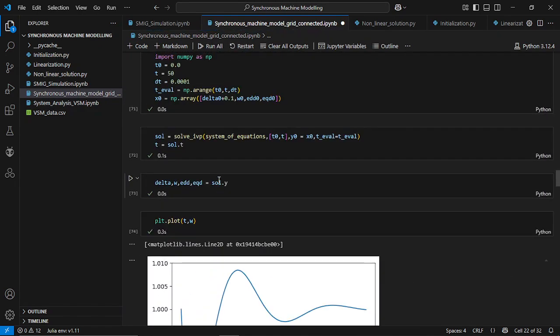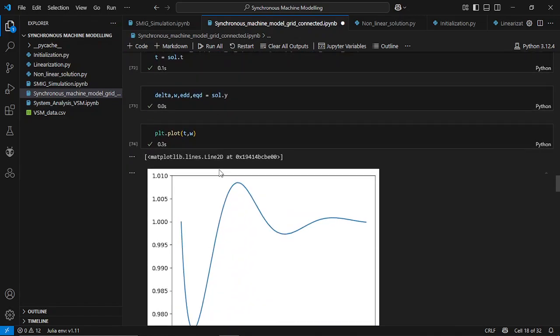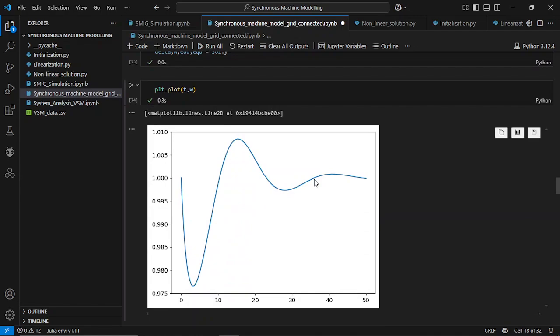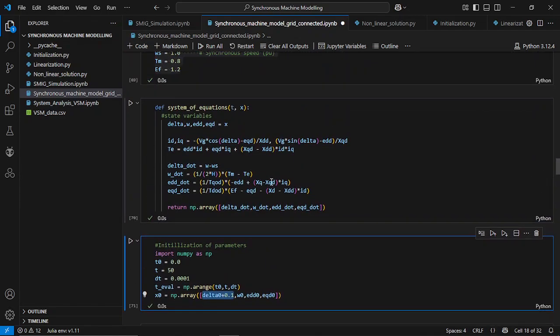So when I change the value by the delta, that means I add some disturbance, and the system will react in something like this. So this is the nonlinear solution of the system of equations of the synchronous machine.